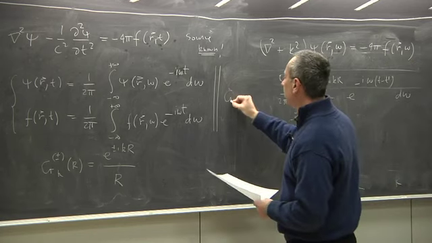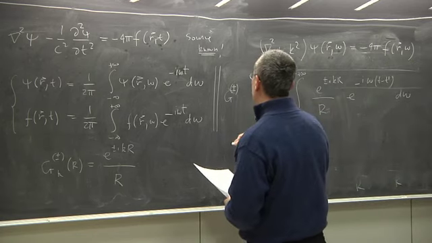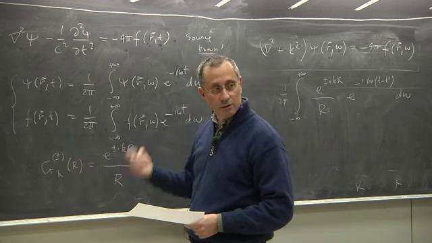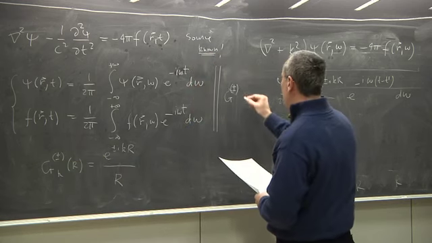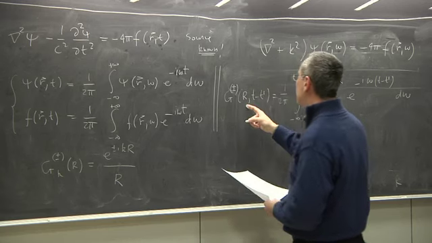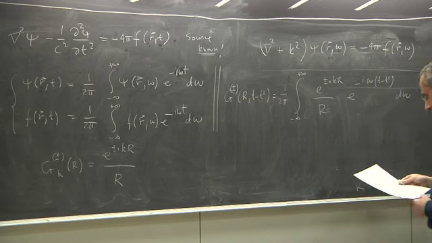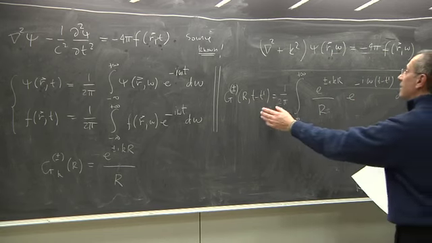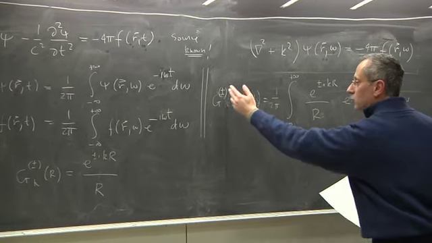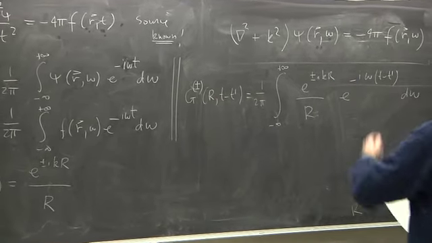So this is the Green function plus or minus. Sometimes these are called the advanced and the retarded. You'll see why in a second. That is a function of r and now t minus t prime. So this would be the Green function for this problem. Actually, we have two possibilities of Green function.